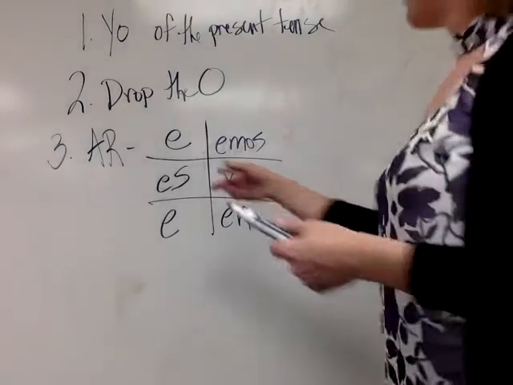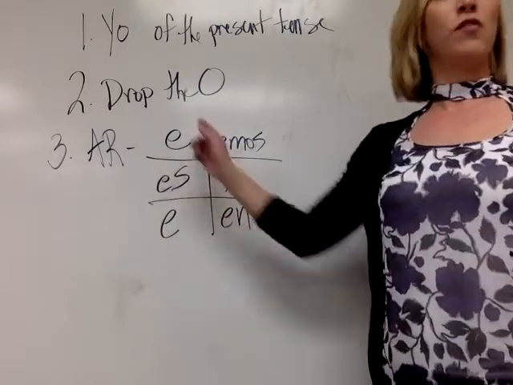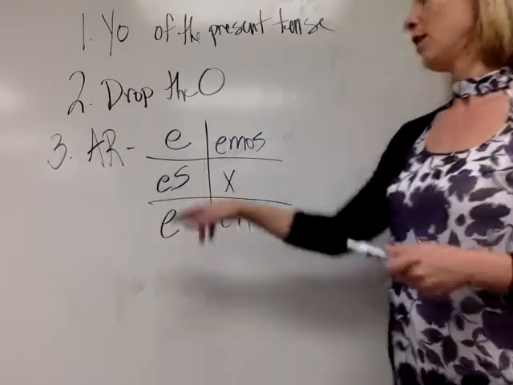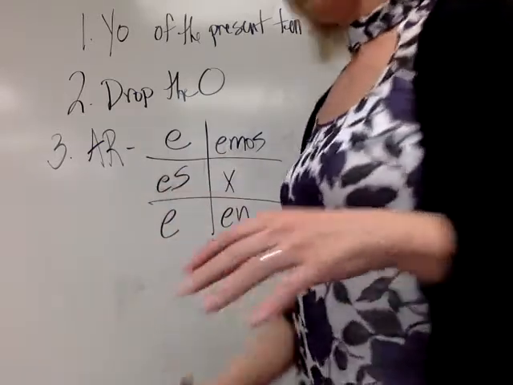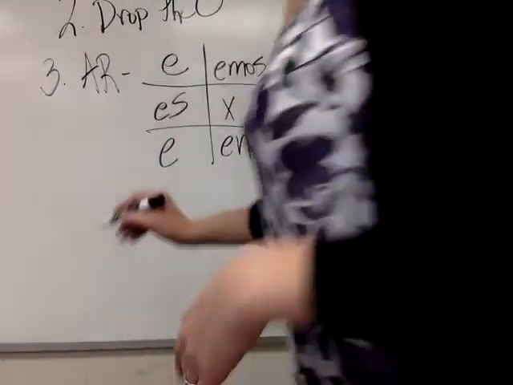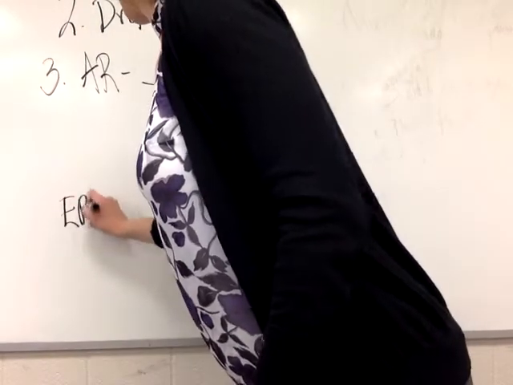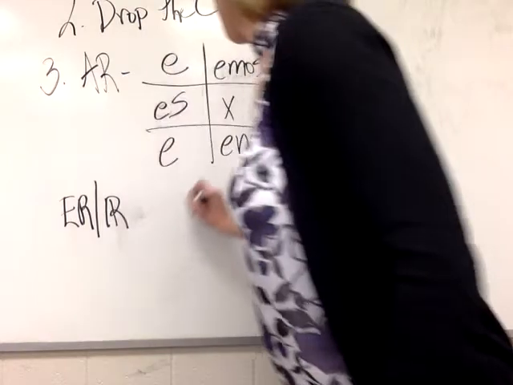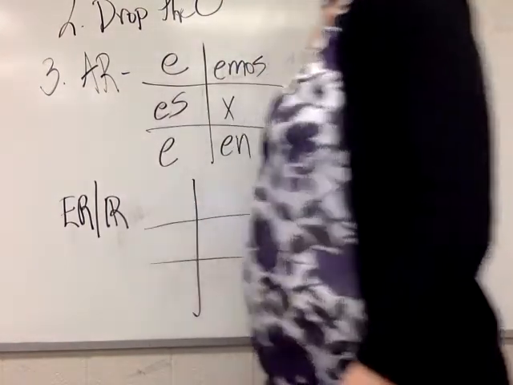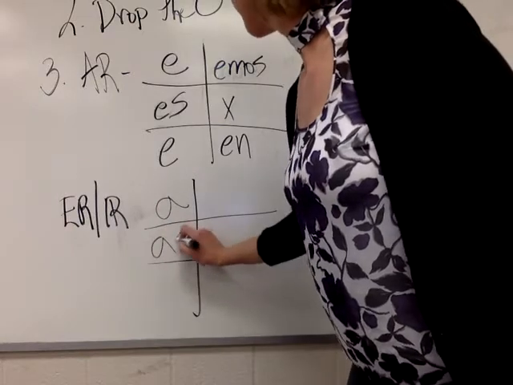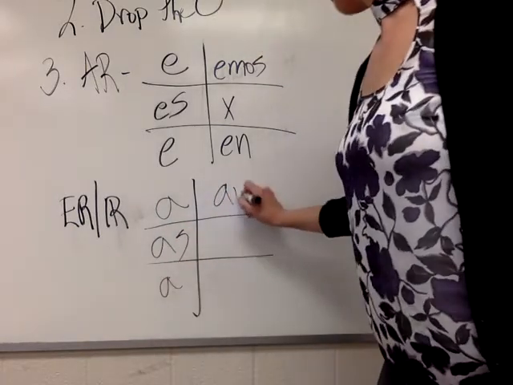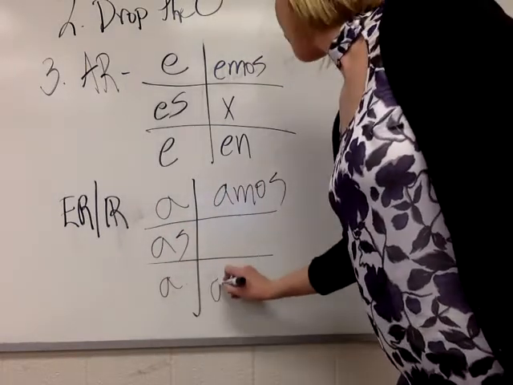Well, now the yo form and the he, she form are always going to be the same in the subjunctive, but it's taking on the ER verb endings. So with that in mind, what do we think are going to be the verb endings for an ER verb and an IR verb? It's not going to be an O. The O is gone. It's going to be a, as, a, amos, and an. Good.